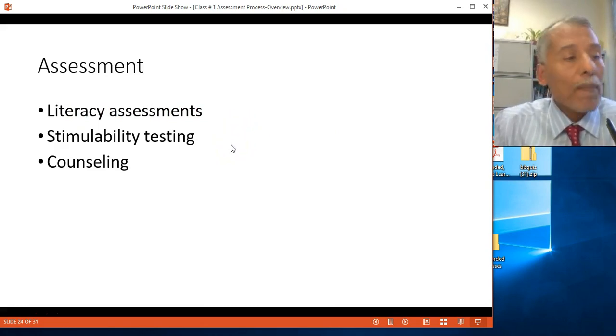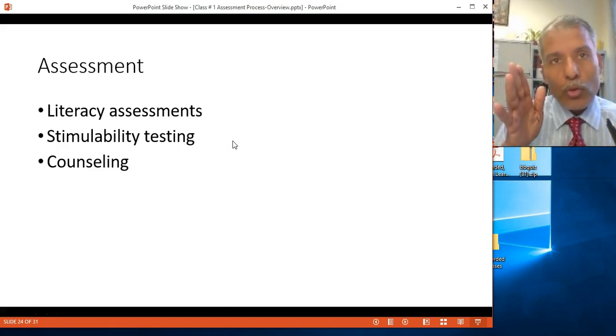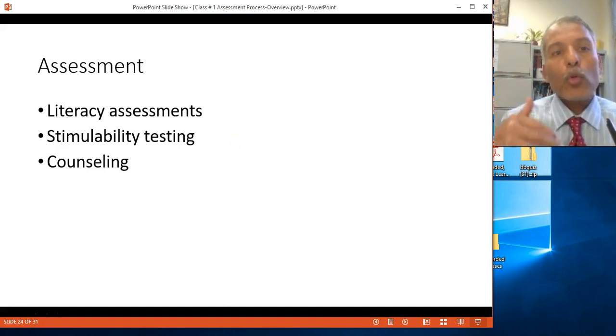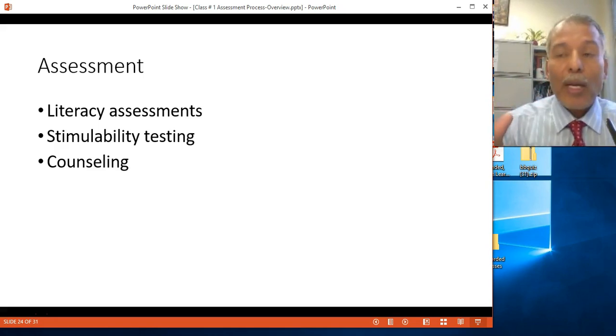Stimulability testing, basically, you want to determine if the person is able to perform a task. Now you have identified the person as having a disorder, say a speech sound disorder.